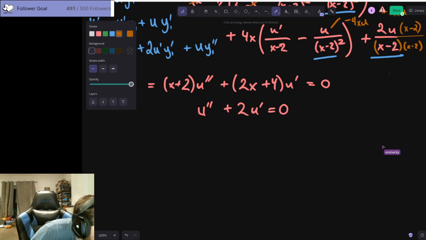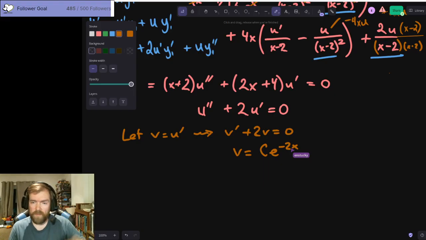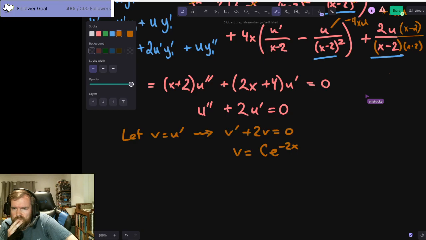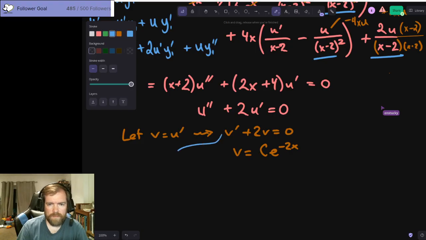And so now we'll proceed, let v equal u prime. So we have v prime plus 2v is equal to 0. In other words, v is equal to 2x. And then y2, or wait, no, one step, integrate that first.